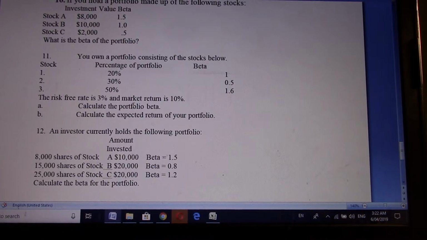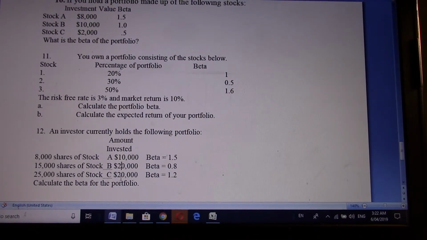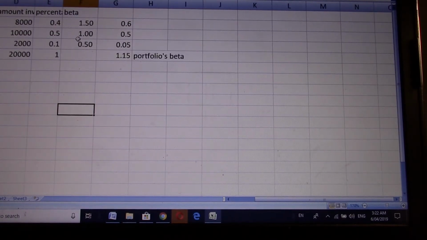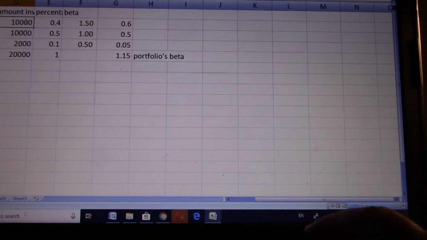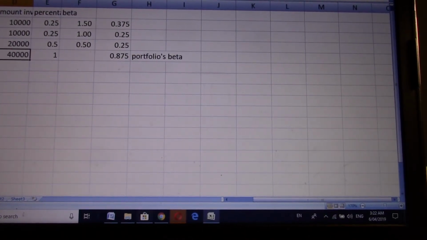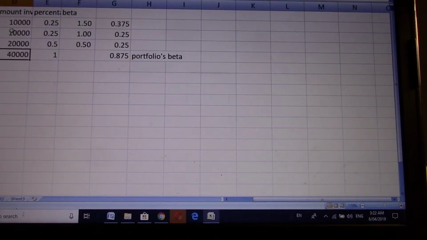And question number 11. Question number 12. Let's start with question number 12. It's similar. Now, we don't need how many shares. It doesn't matter. What's important is the dollar amount invested in the stock. So you see it's 10, 20, 20. So you can use this 10,000 and 20,000. This is your dollar amount invested, 10, 20, 20.